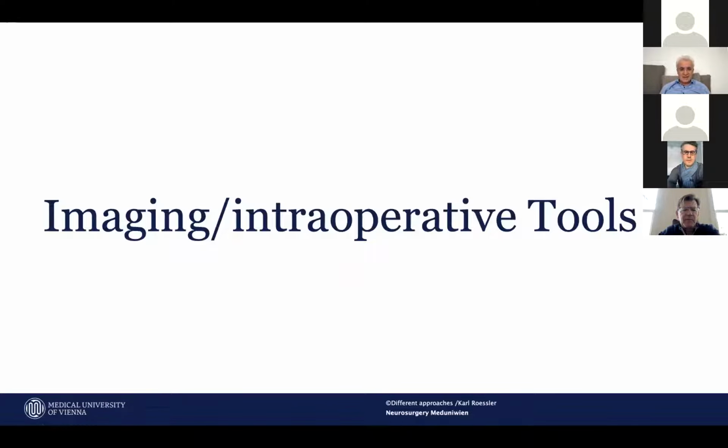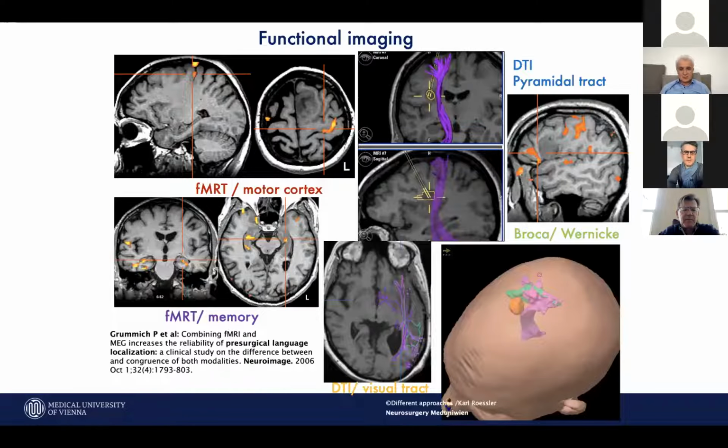The second point which I wanted to discuss is imaging and intraoperative tools.